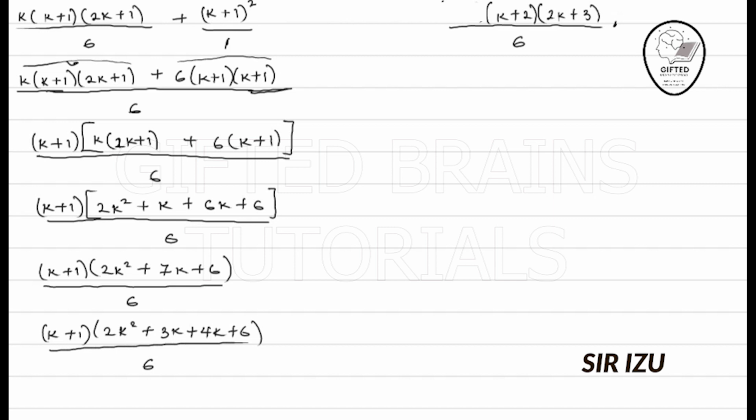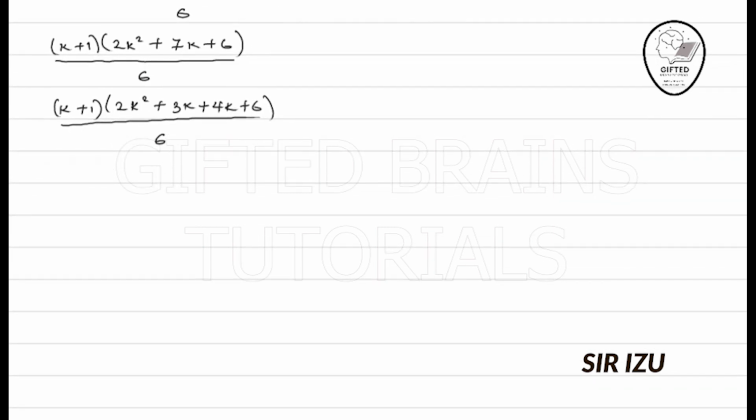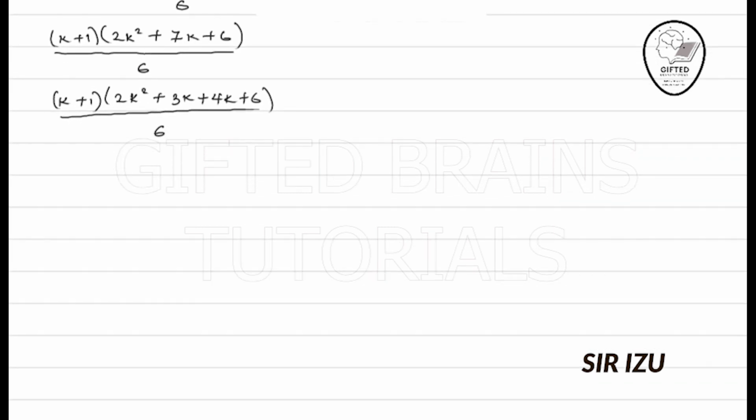And then if we factorize this now, we should have k plus 1 firstly. Then let's try to factorize this. First of all, what is common between these is k.